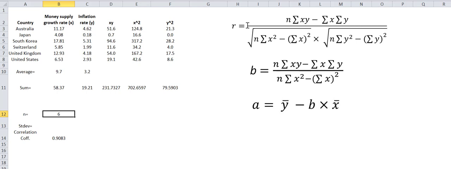So the formula is saying that you can calculate the correlation coefficient, which is equal to n, and the value of n is right here, which is 6, multiplied by sigma xy.